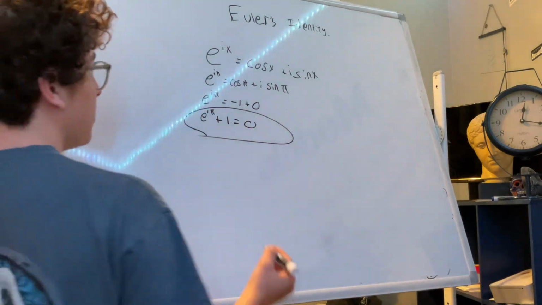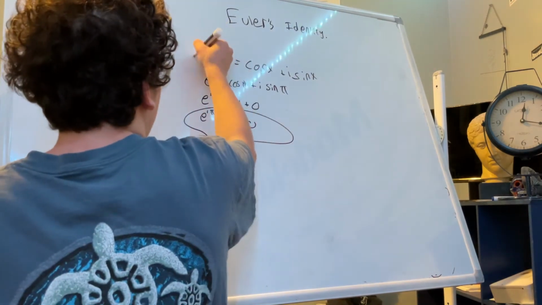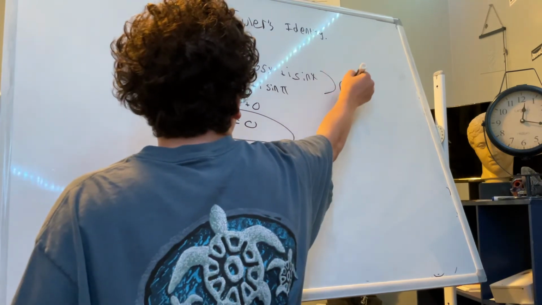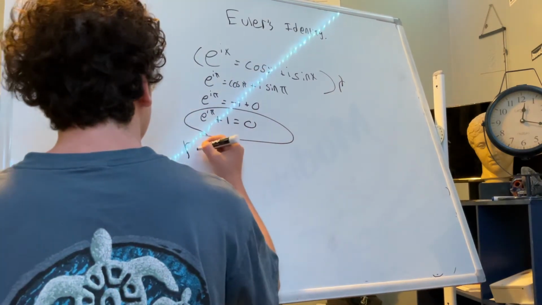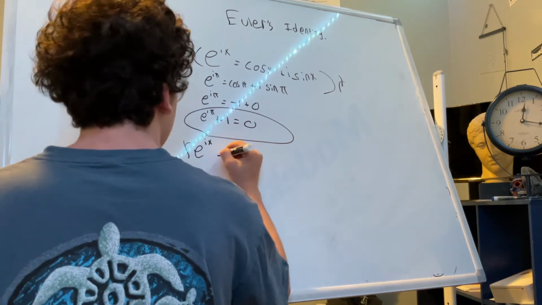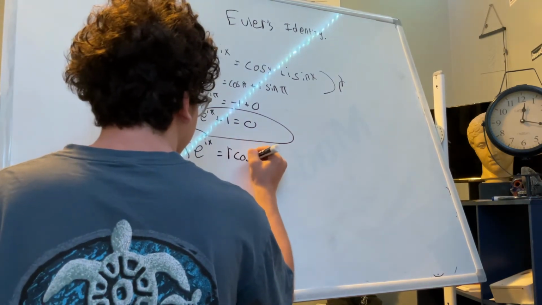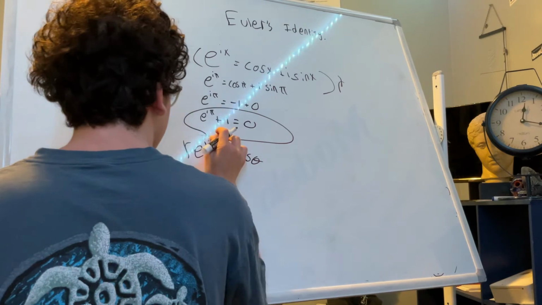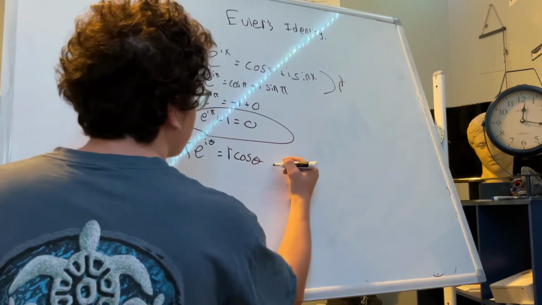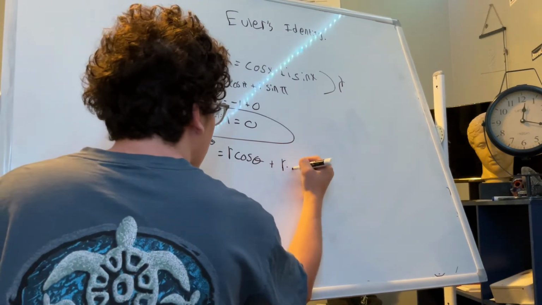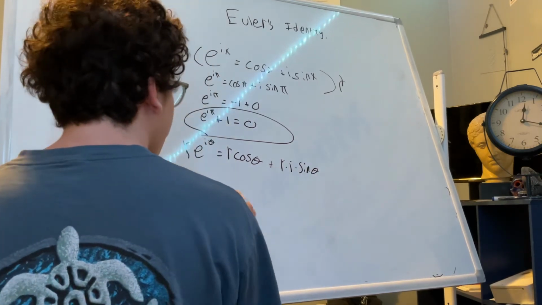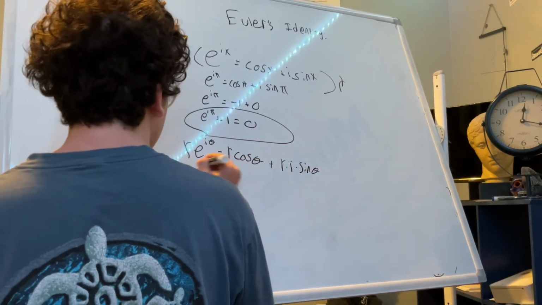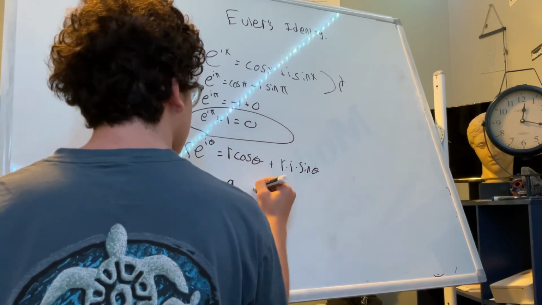And a continuation of this is if we say let's multiply Euler's identity by a real number r, we thus get r e to the ix equals r cosine x. We'll actually use theta here to be correct, plus r i sine theta. Now, this is equal to z equals a plus bi.